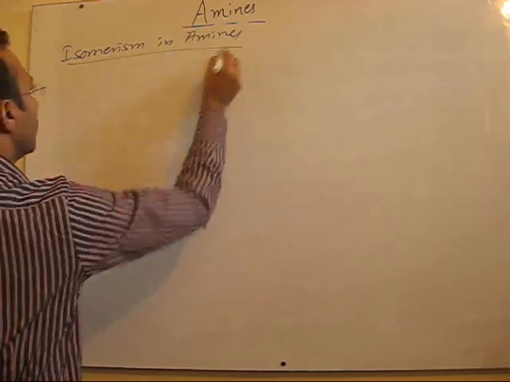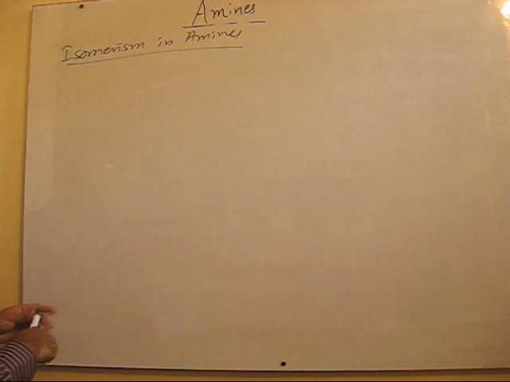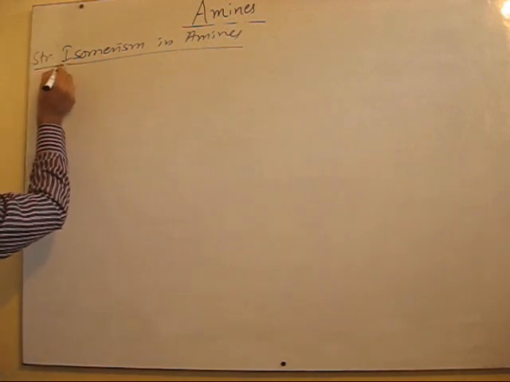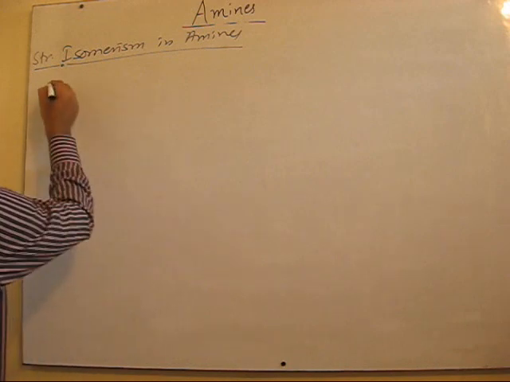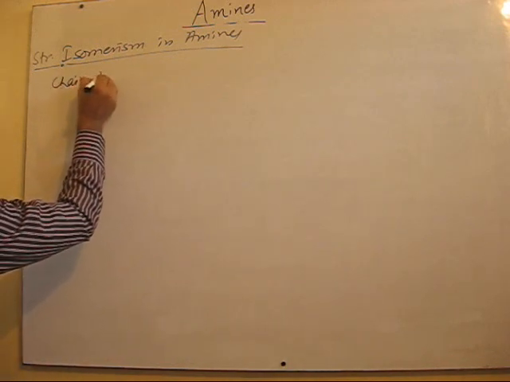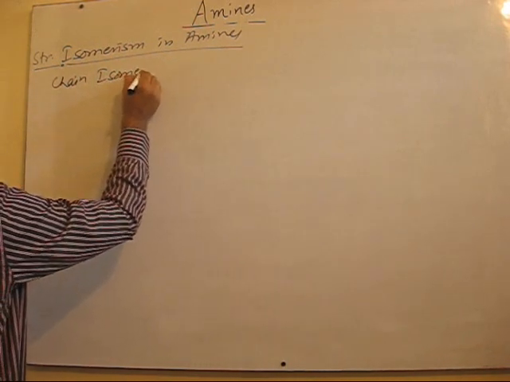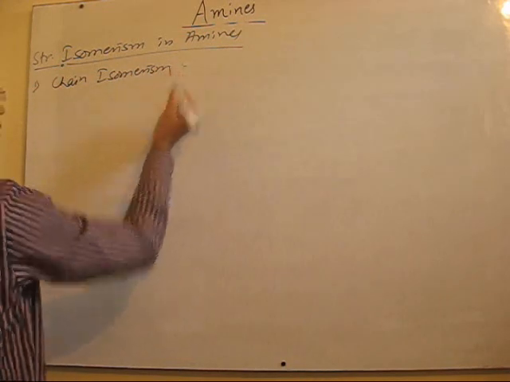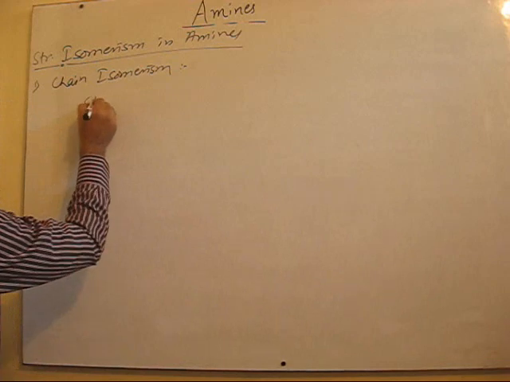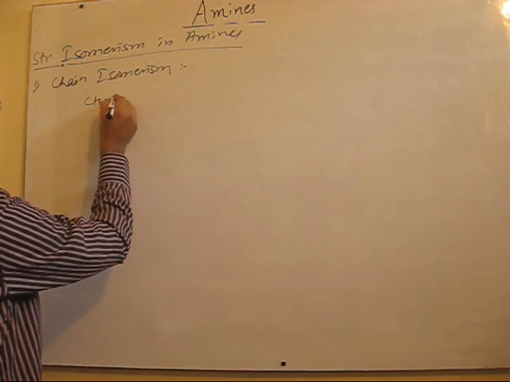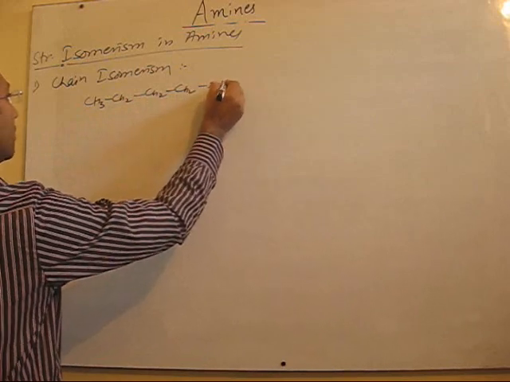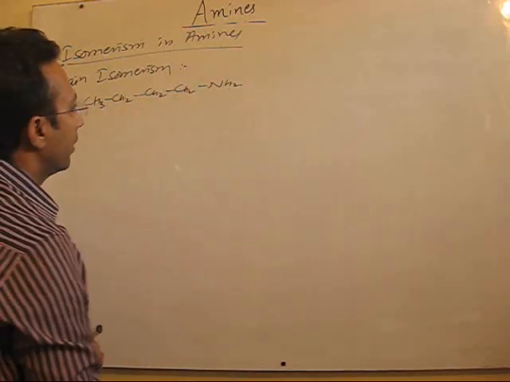fine. So in amines we have different types, I will discuss here only structural isomerism, fine. So number one, we have here chain isomerism. You all know chain isomerism, where the length of the chain will be different, but the functional group, everything will remain same, right?